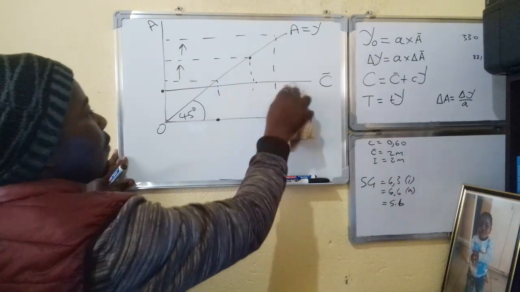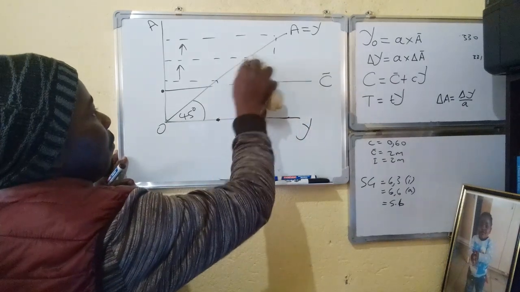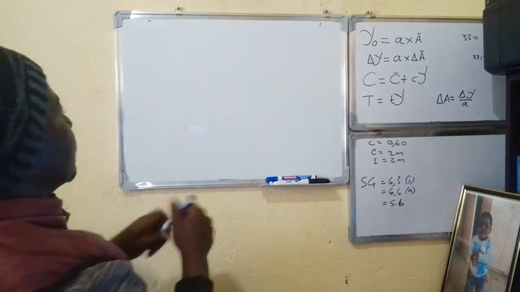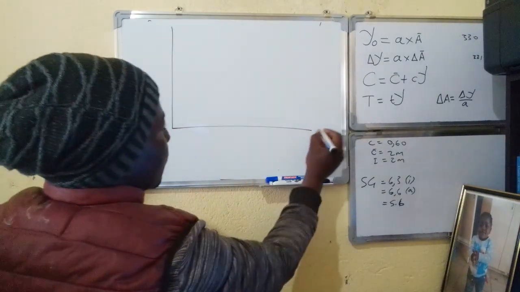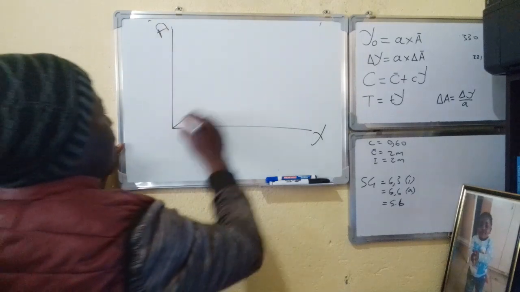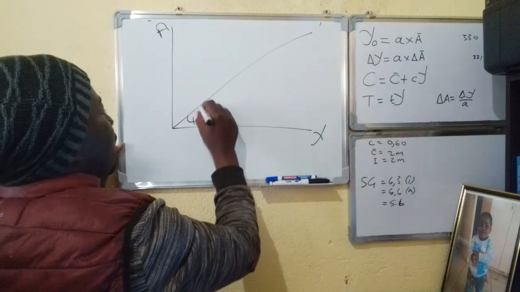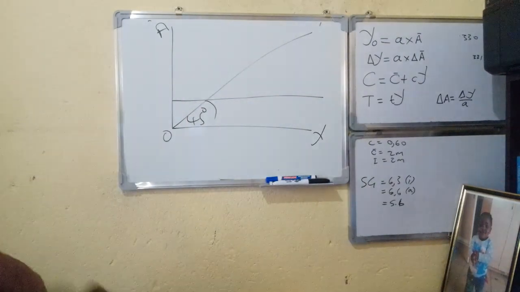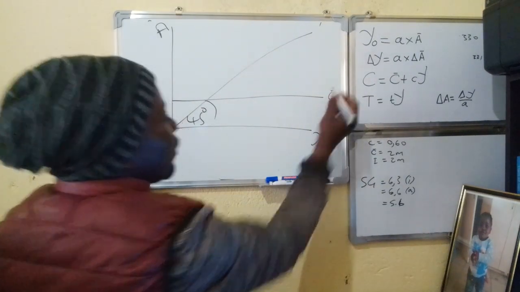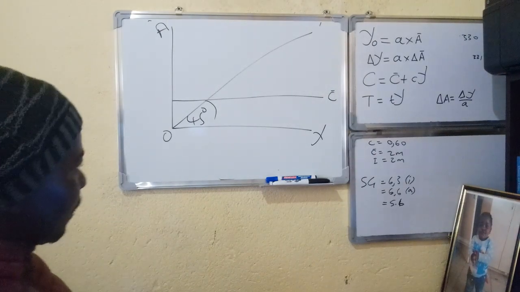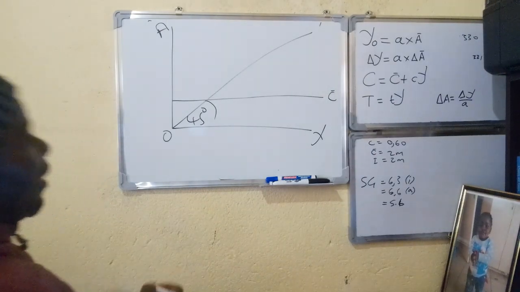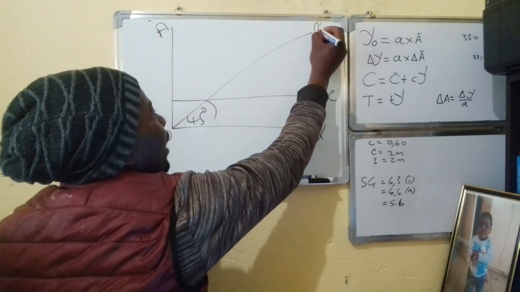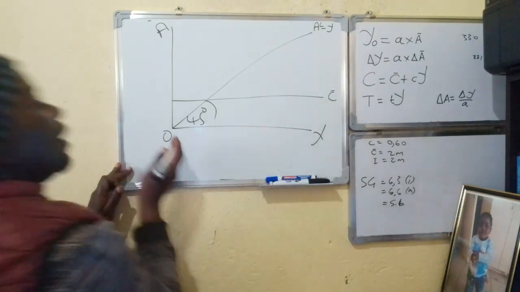Let's do this. Income, aggregate expenditure, 45-degree line, 0. So we have shown the autonomous expenditure with a C with a bar. And then that induced consumption, I said its shape is like this one, where A equals income.